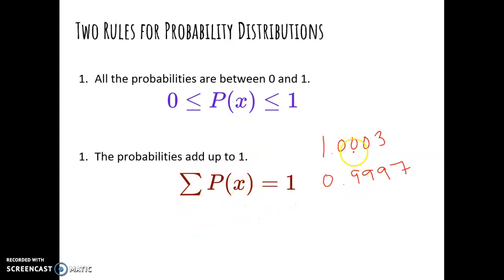You could get a number super close to 1, like this. Now, if you get something like 1.25, that's way too high. That's not close to 1. So if it's super close to 1, you can tell it's because of rounding. That's okay. But otherwise, you should get 1.